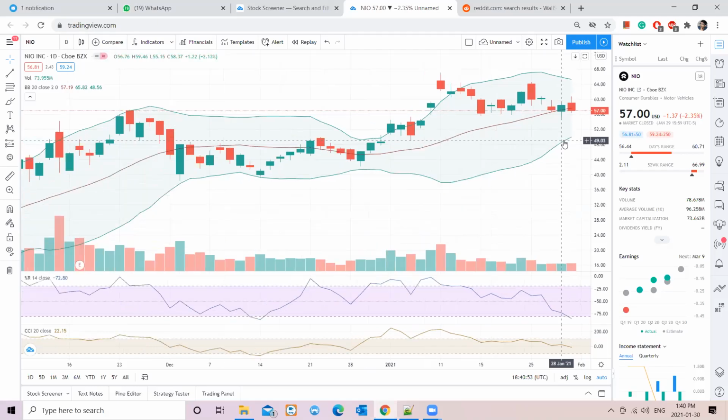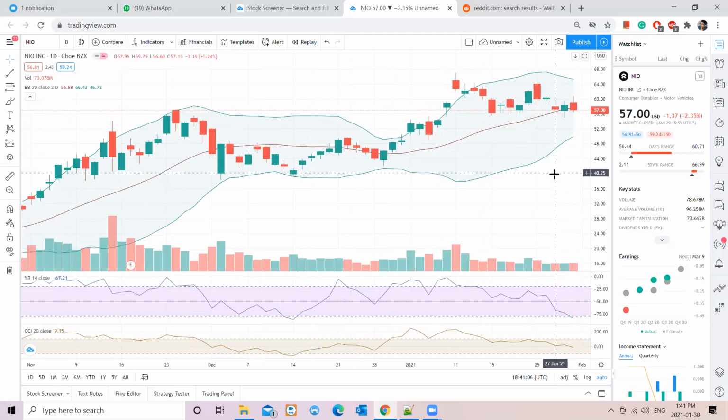Though Tesla remains the number one in this sector, in terms of trading volumes, NIO has good potential to go way beyond. So if some of you are looking to hold this over 1 year, 2 years, or 5 years, I think NIO has a very good prospect.